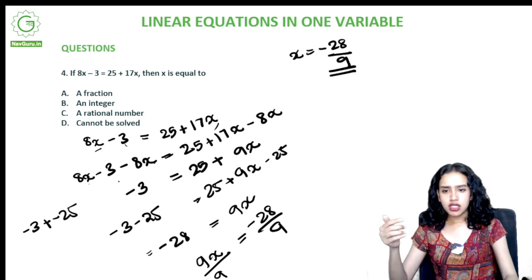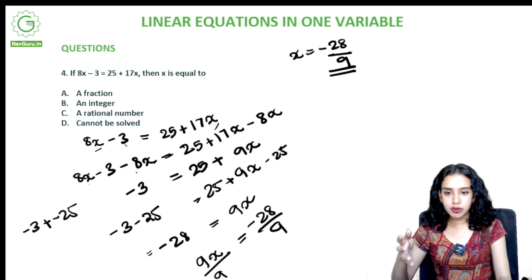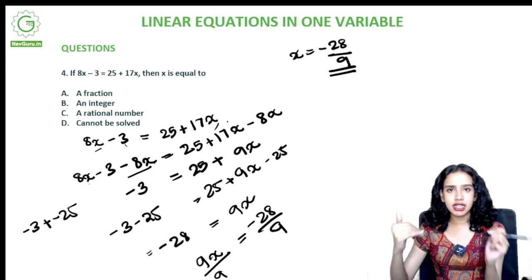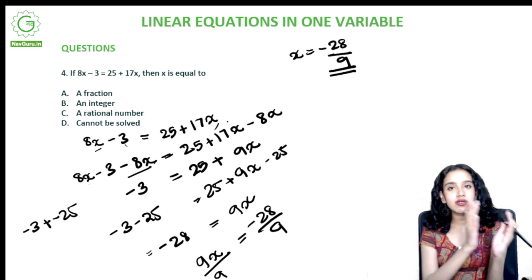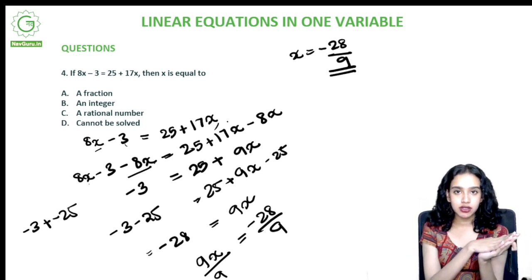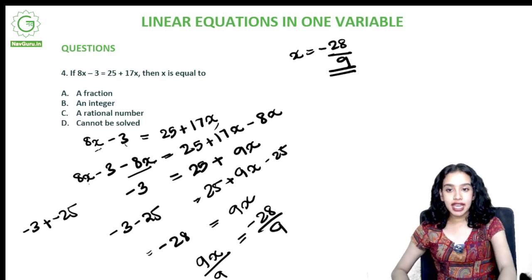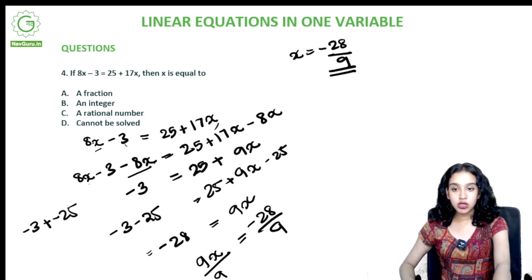Now, you don't have to write this step where you're subtracting the same term from each side or dividing the same from each side. We just take the inverse operation, right? So if we have 8x minus 3 here, I need to move this 8x to this side. That is what is happening here, right? When I'm subtracting 8x from both of the sides, I'm moving 8x from this side to this side.